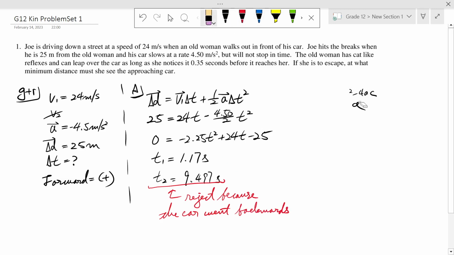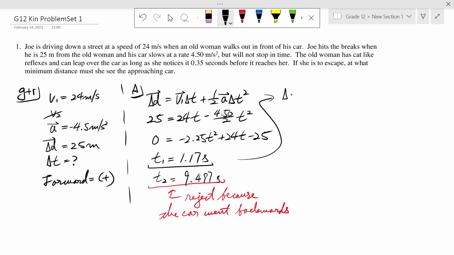Now we're going to take what we just found, the time, and plug it into the equation again. This time, it's the same equation, except I'm just going to add delta D escape equals V1 T escape.